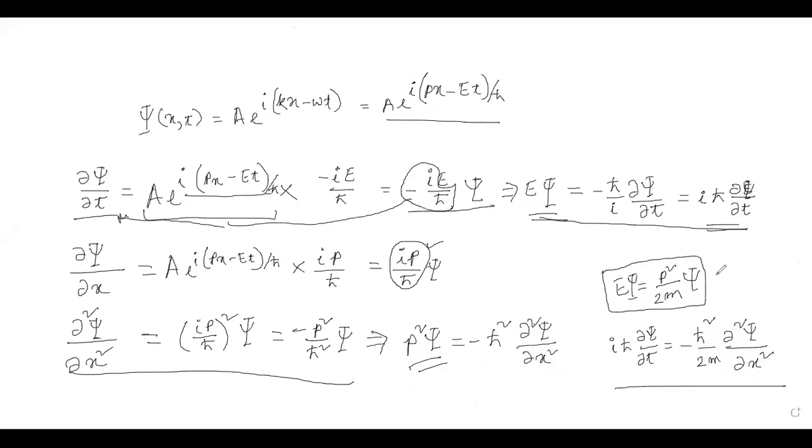If I add, let me use another color here, red, maybe red, to the right hand side of the P square by twice m, a term V, which depends upon r and t, V psi, we simply add V psi here.